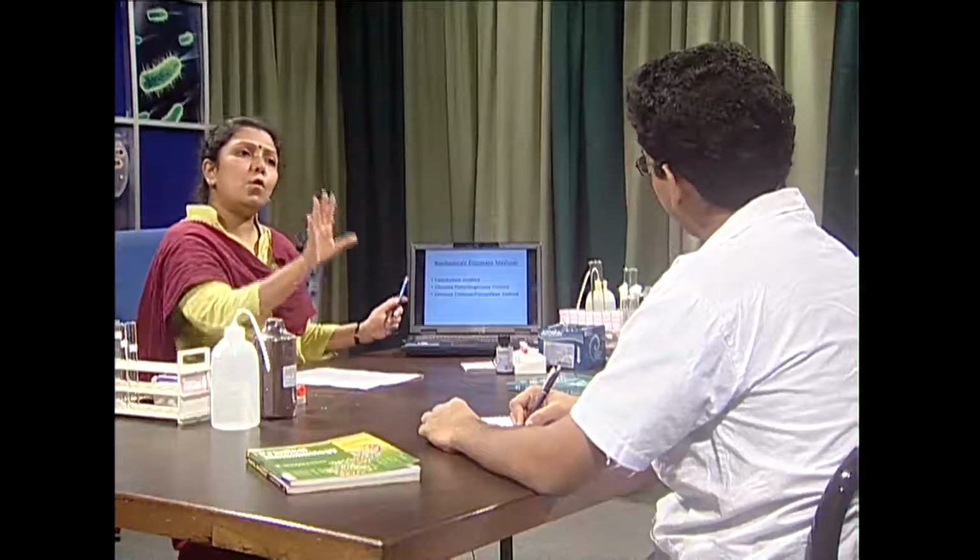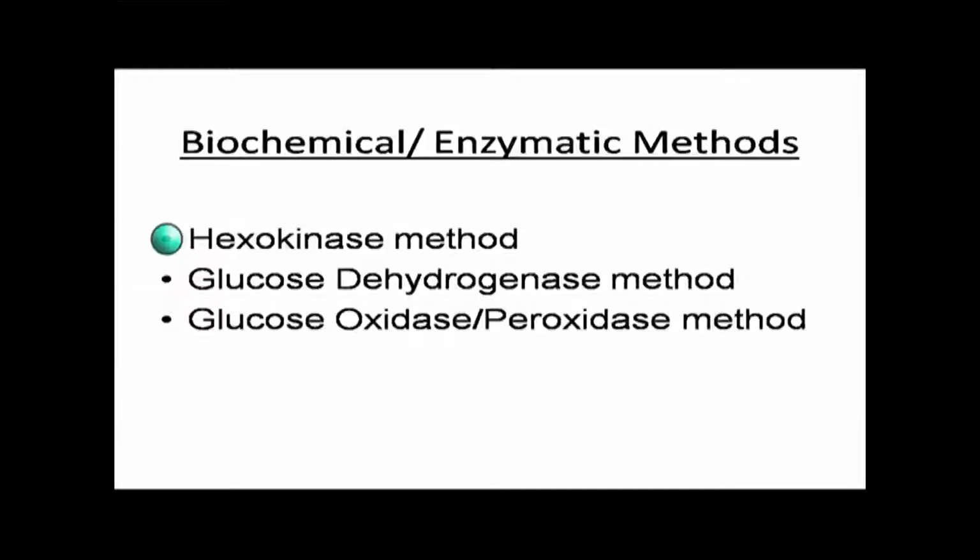Nowadays, the biochemical or enzymatic methods to determine blood glucose predominate. There are many enzymatic methods, including the hexokinase method, the glucose dehydrogenase method as well as the glucose oxidase peroxidase method.